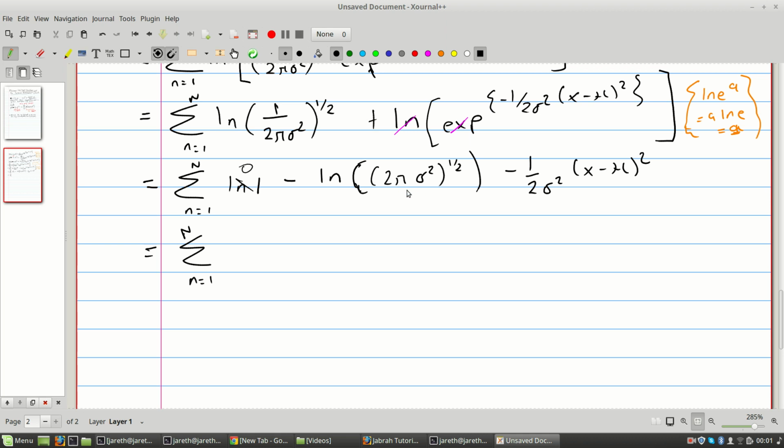Let's actually separate these terms even further, right? We can have the half come down for the same reason: when you have ln e to the a, the a comes down.